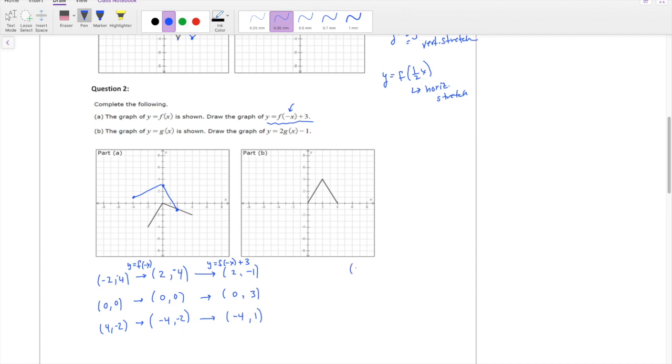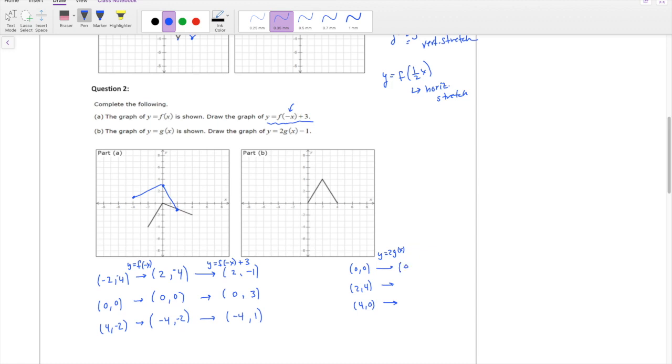So we have (0, 0), (2, 4), and (4, 0). Okay, so the first shift is 2 times g of x. So the 2 is on the outside, so this is going to be a vertical shift, and it's going to affect the outputs, so the y coordinates.